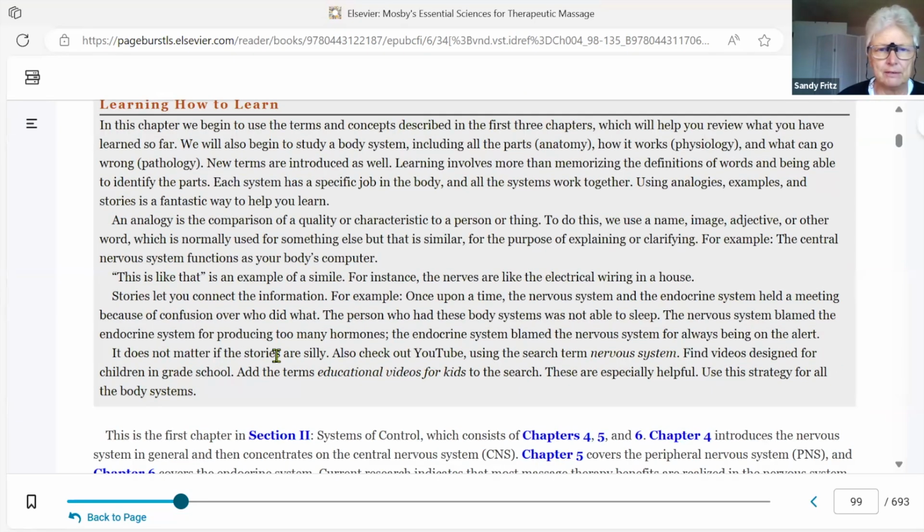It doesn't matter if these stories or these similes or these metaphors are silly or not. Sometimes silly and funny, as long as it's relevant and accurate, is a really good way to, again, encode this content.